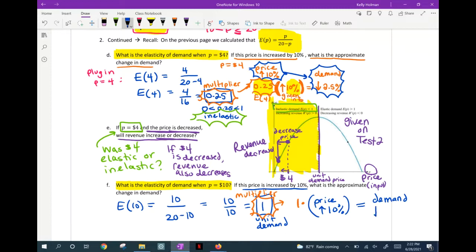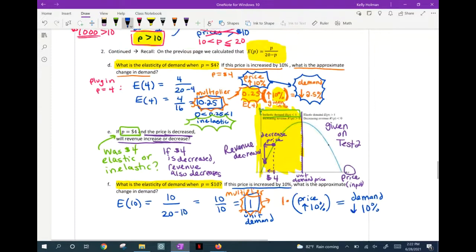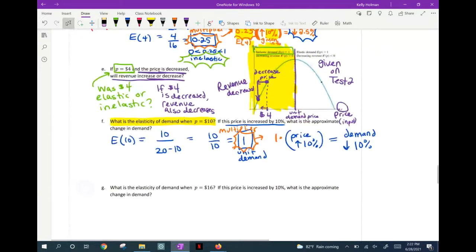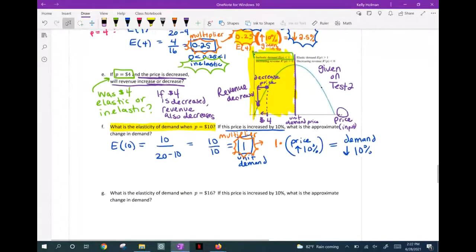So our book assumes it's going to go down, but it's still just going to go down by 10%. Change the same percentage, just opposite directions. And you won't be asked what the revenue is doing there, so don't worry about that part.